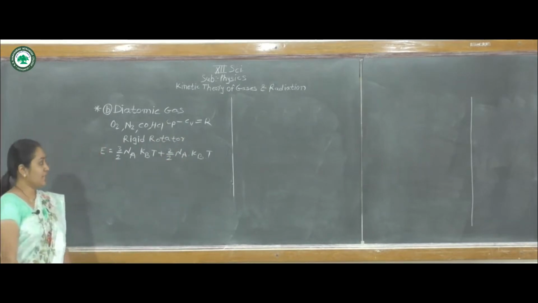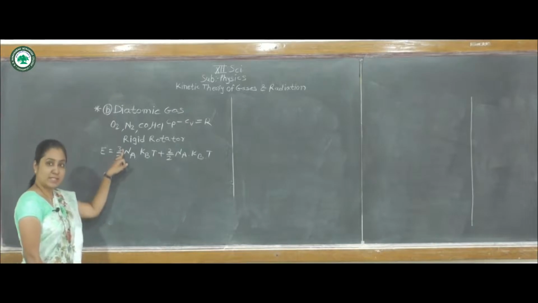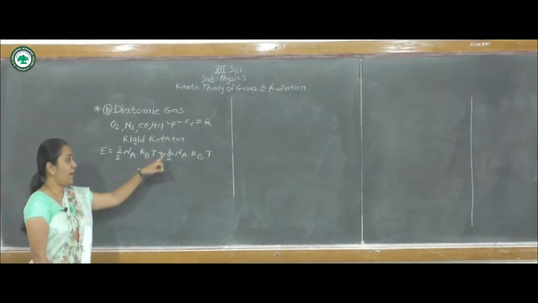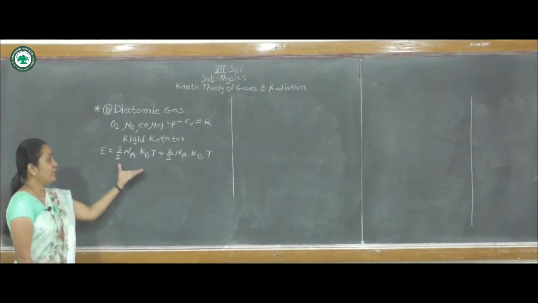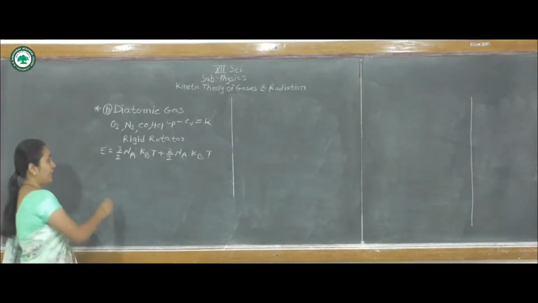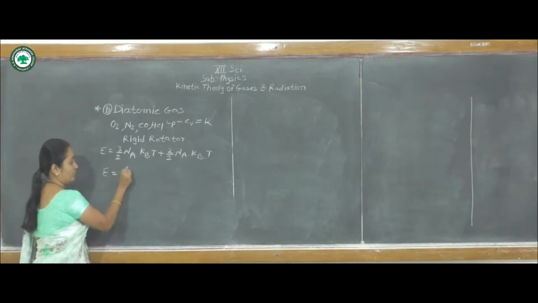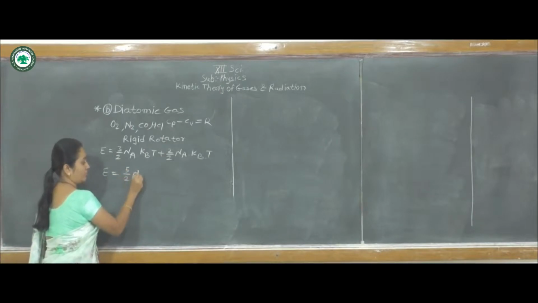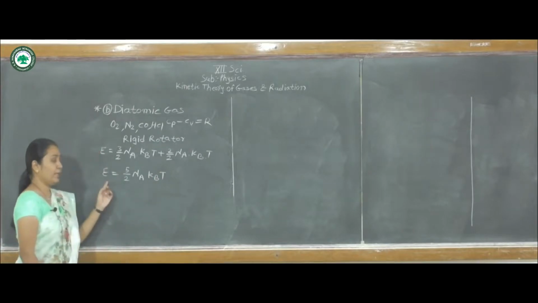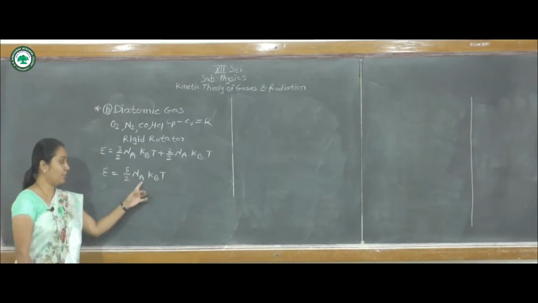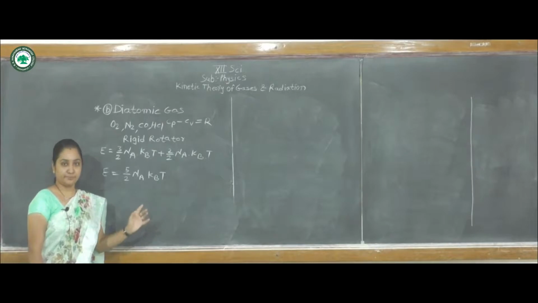In this case, the diatomic molecule has 3 translational degrees of freedom and 2 rotational degrees of freedom. By solving this, we get E is equal to 5 by 2 Na Kb T.